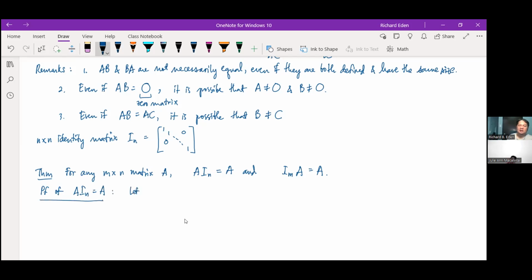Let C be A times I sub n. So what we want to do is to show that C sub ij, the claim is to show that A I sub n on the left is equal to matrix A on the right side. So we wish to show that C sub ij is equal to A sub ij.